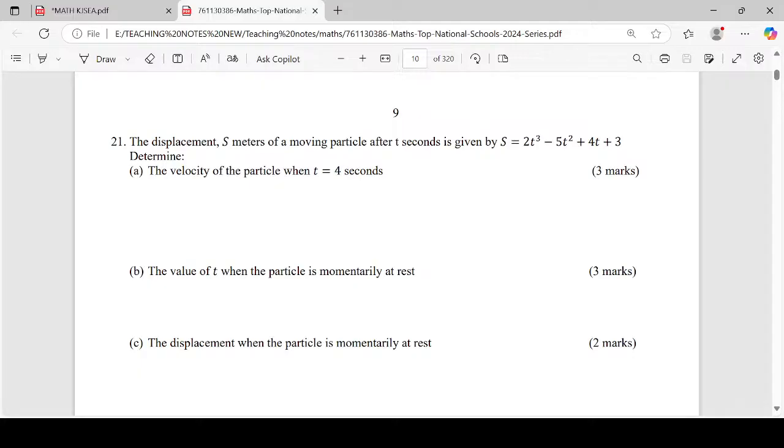The displacement s meters of a moving particle after time t seconds is given by s is equal to 2t cubed minus 5t squared plus 4t minus 3.